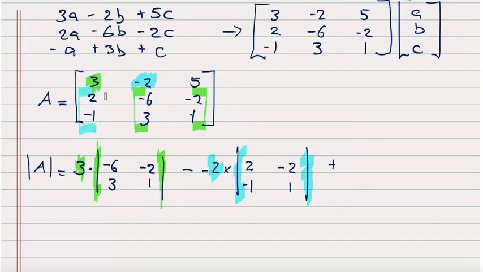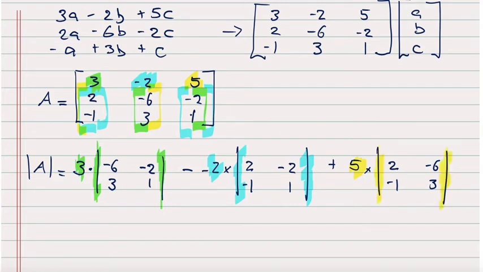So these guys, ignoring that middle column for this teal section, and then plus 5 times the determinant of 2, negative 1, negative 6, and 3, so the 5 is here, then the matrix in the bottom left corner.